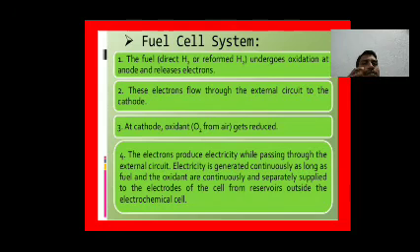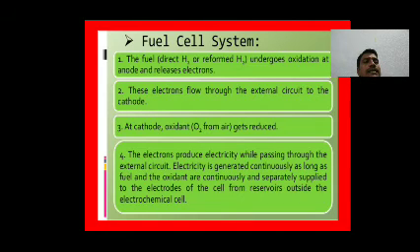At the cathode, the oxidant gets reduced. And finally, 2H2 plus O2 form 2H2O. The electrons produce electricity while passing through the external circuit.